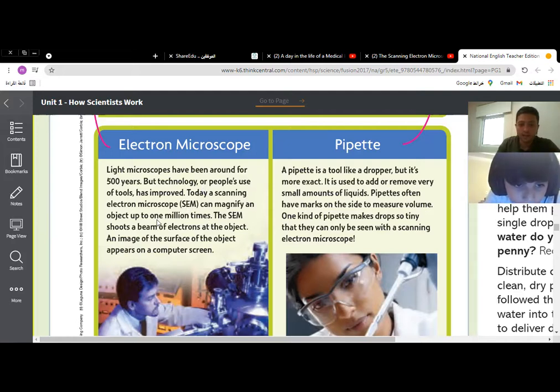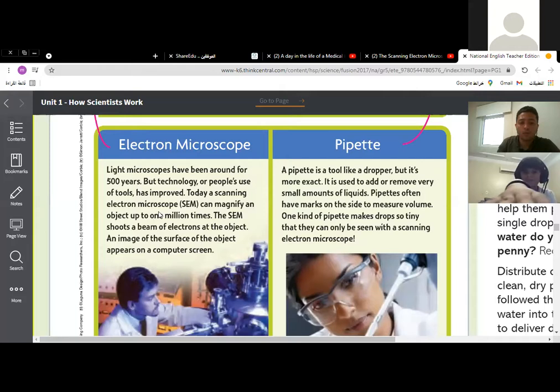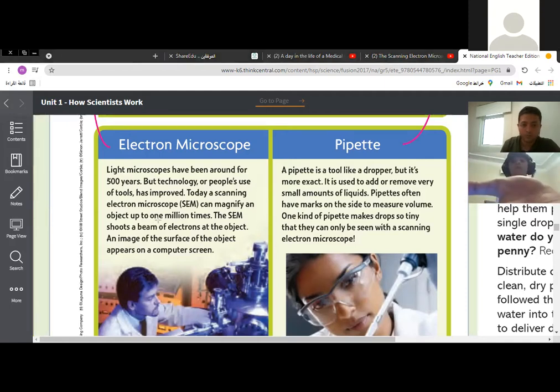Today, a scanning electron microscope, or SEM, can magnify an object up to 1 million times. The SEM shoots a beam of electrons at the object. An image of the surface of the object appears on a computer screen.